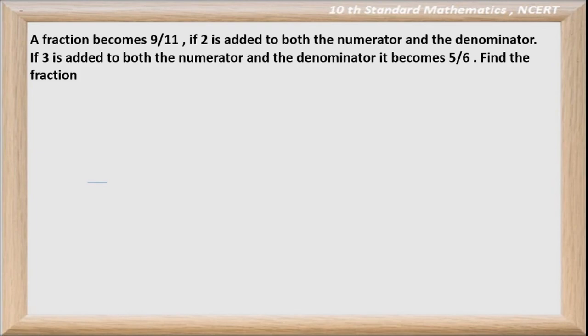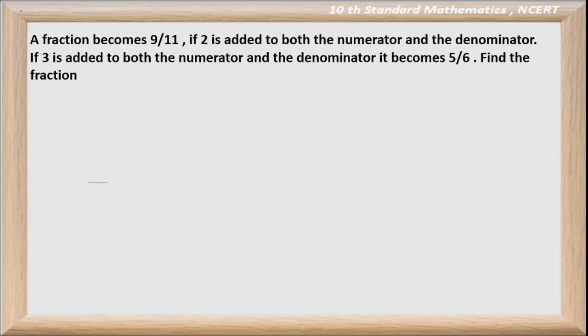The next problem: a fraction becomes 9 by 11 if 2 is added to both numerator and denominator. If 3 is added to both numerator and denominator, it becomes 5 by 6. Find the fraction. How we will find?